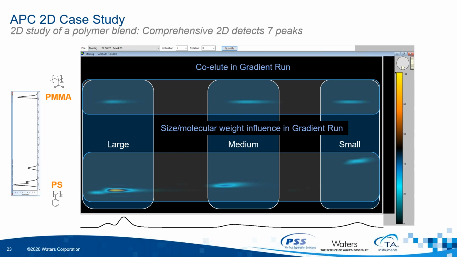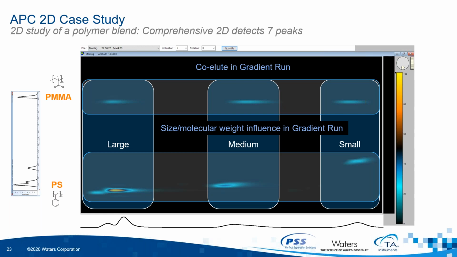And as you can see, there has been quite a bit of coelution going on in both individual dimensions. So, long story short, by combining a separation by chemistry and by size, you can increase the separation capability. Now you can see 7 peaks instead of the 4 to 5 with spikes and shoulders, as you have seen in the previous slides.